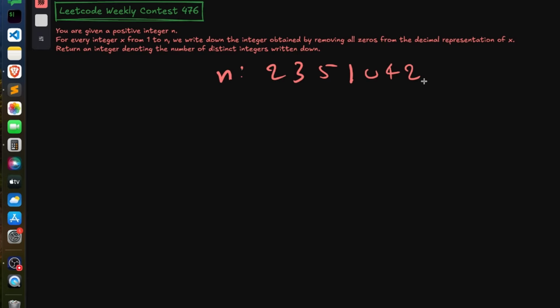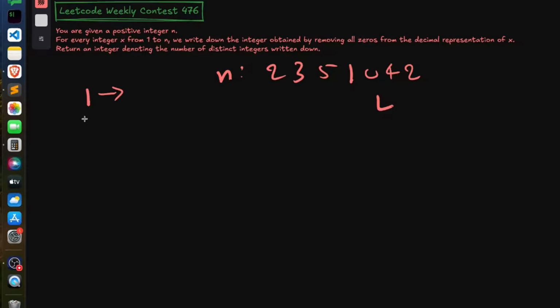So let's say the length of this integer n is L, for example. So first we will try to create integers of length 1, and we can find out how many unique integers you can get, right?